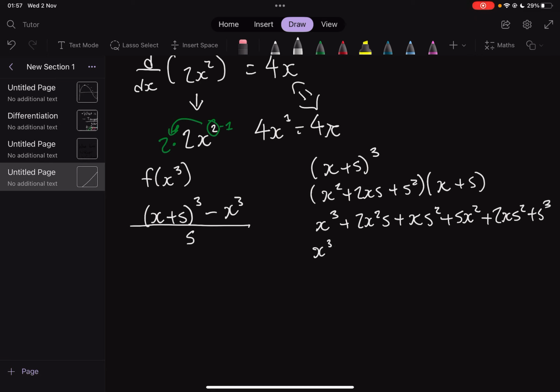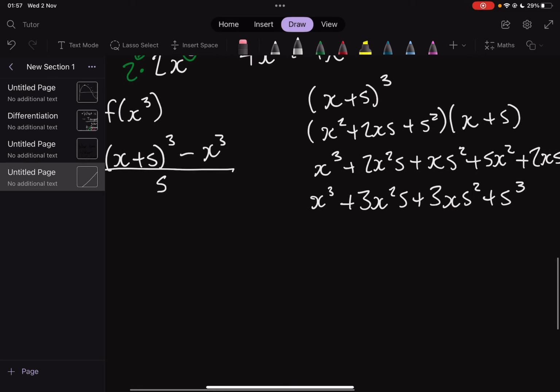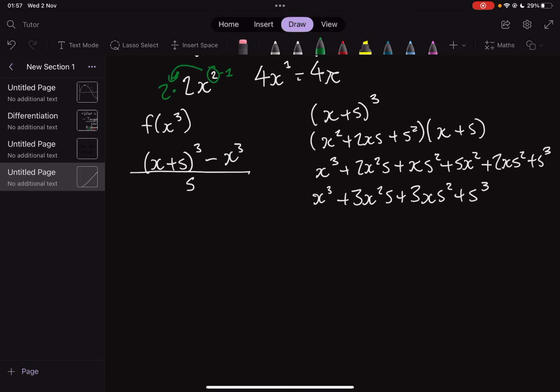And then simplifying or collecting all the terms of this, 3x squared s plus 3x s squared plus s cubed. So let's take this and plug it back into the equation.